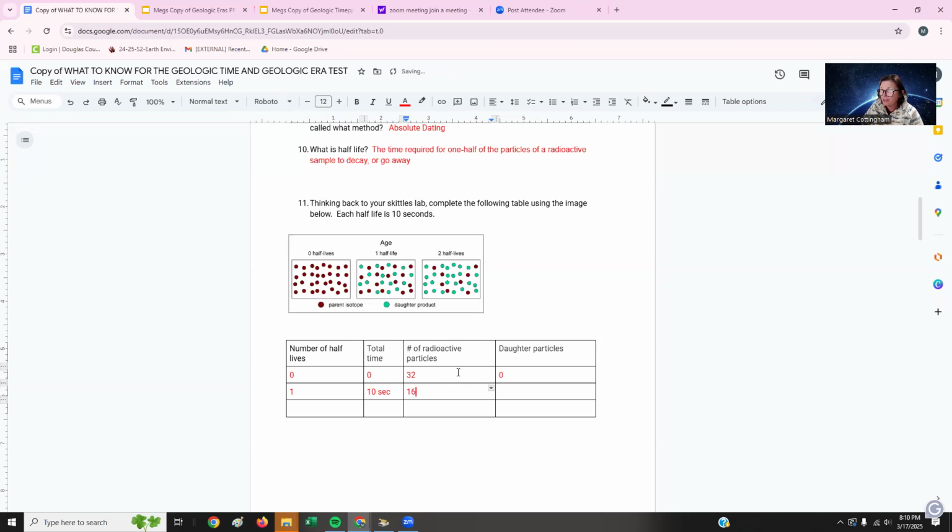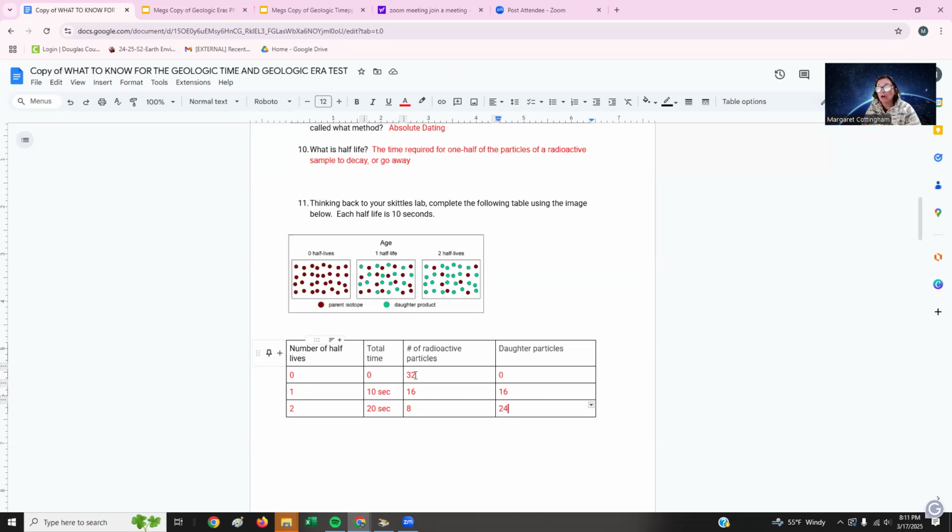Yeah, there's 16. How many dotted particles? 16. Your second half-life is 20 seconds now, 10 more seconds. And now there's 8 radioactive particles and 24 daughter products.